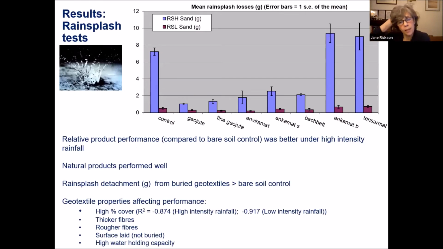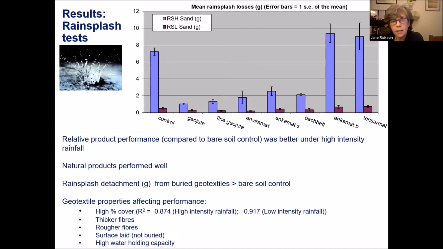And here are the results. Very surprising. Well, surprising and not surprising. So you can see here we have the control. This is the bare soil control with no geotextile protection. And you can see that the blue is the high intensity rainfall and the burgundy is the low rainfall intensity.